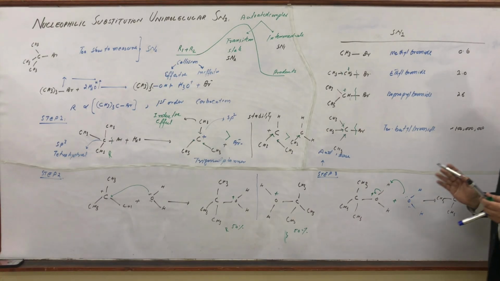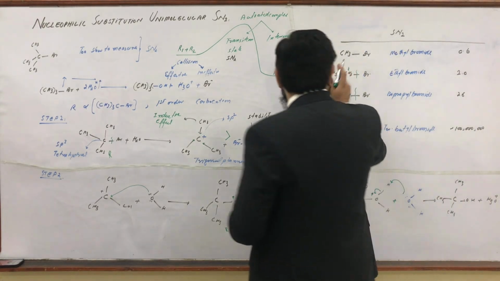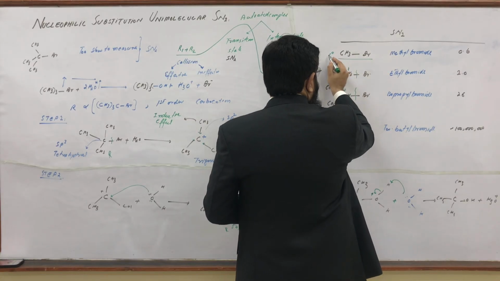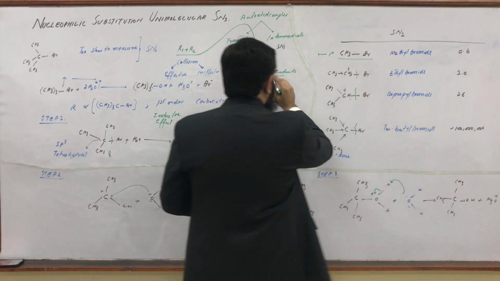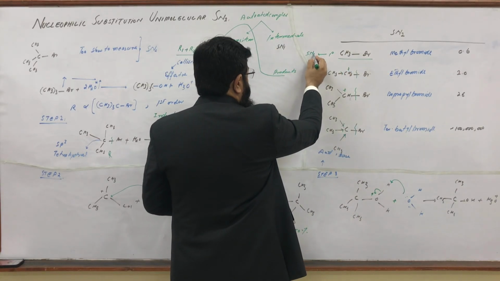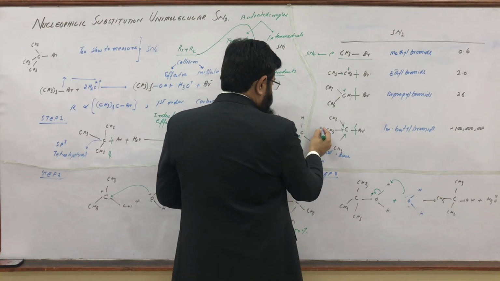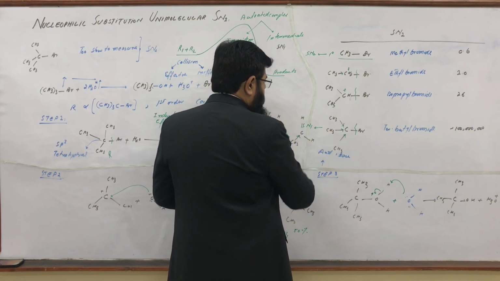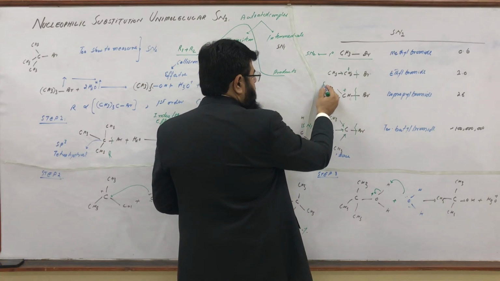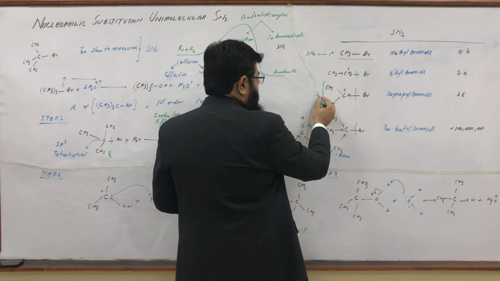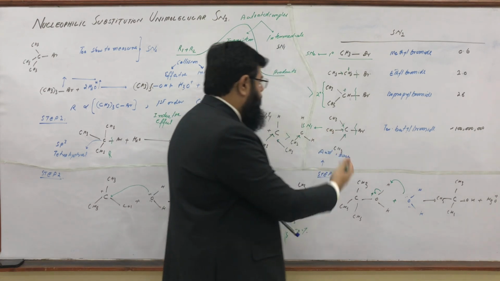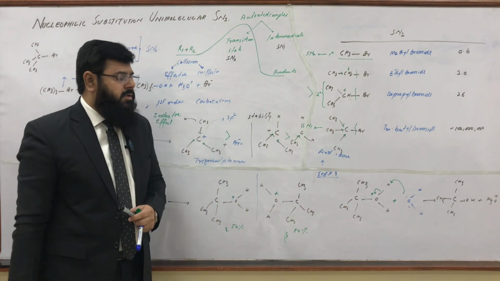So simply we can conclude that most of the time the primary alkyl halides will undergo SN2, and tertiary alkyl halides will undergo SN1. For secondary alkyl halide, there are multiple factors which will decide the fate of substrate.